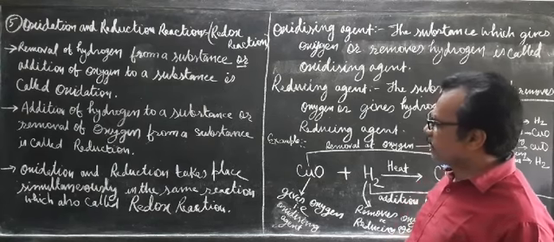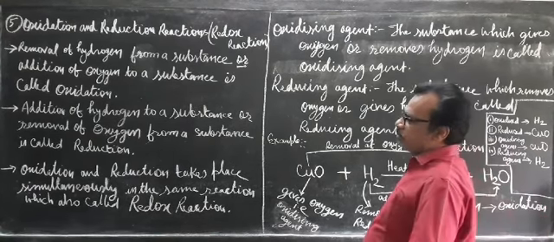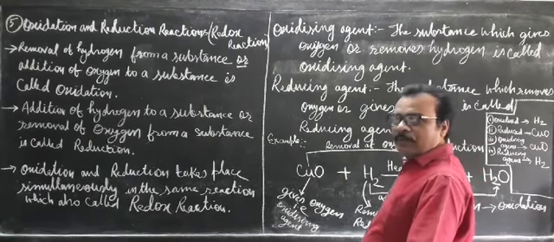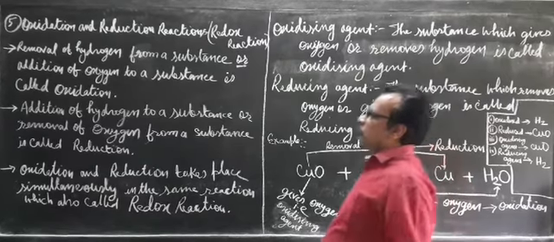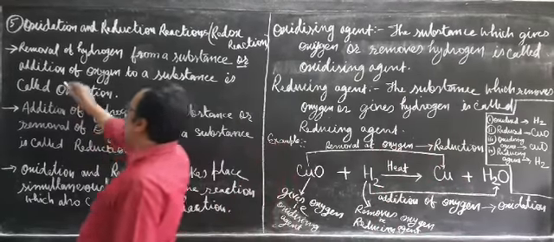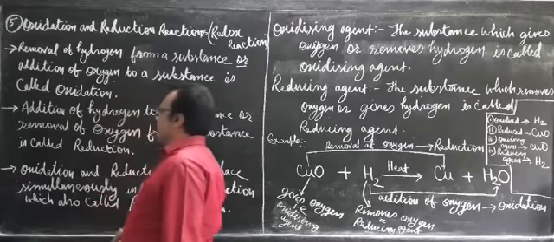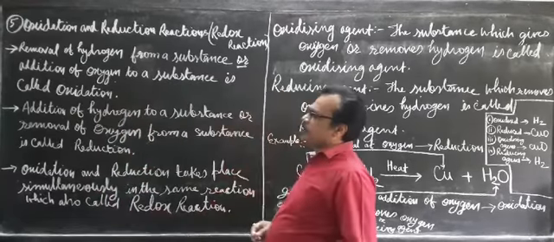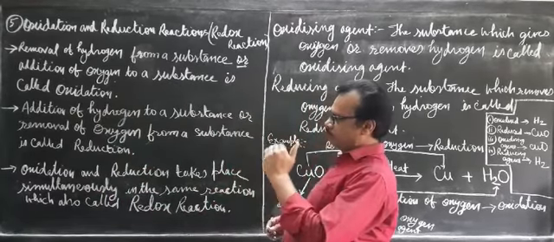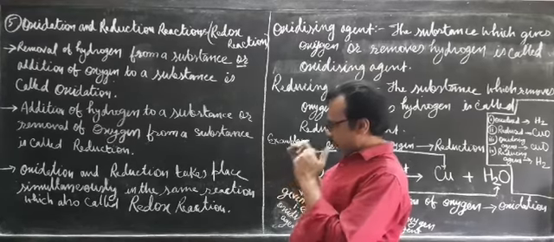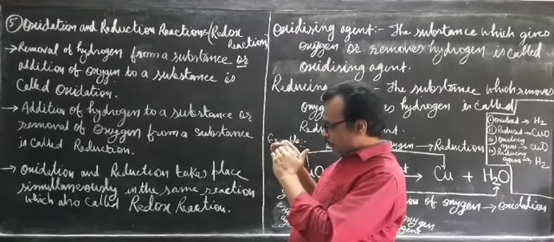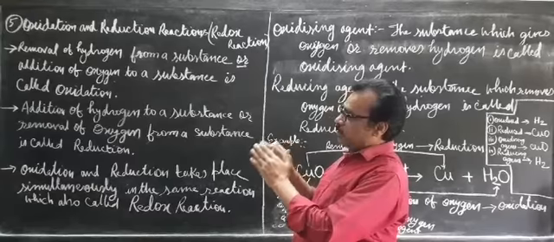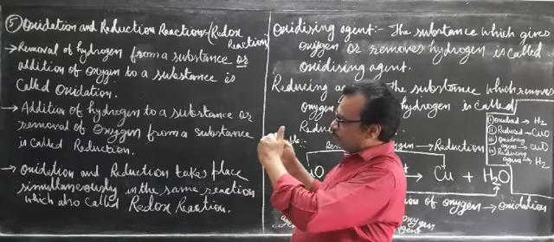Now we'll understand what an oxidation reaction is first. Oxidation reaction is the addition of oxygen to a substance. That means the concentration or percentage of oxygen in a particular compound will increase.